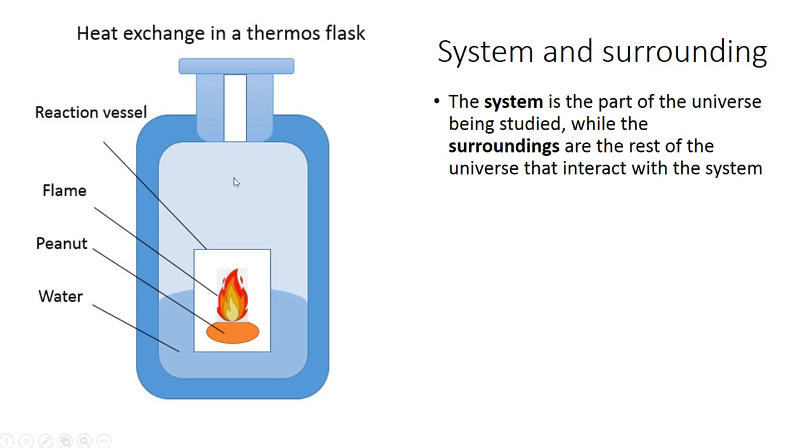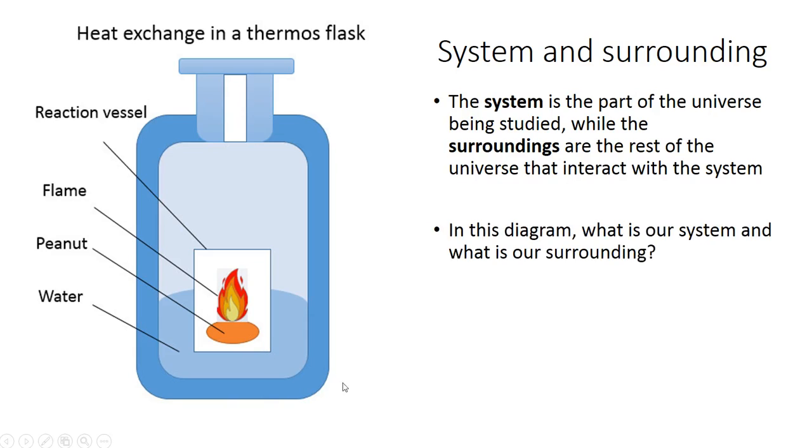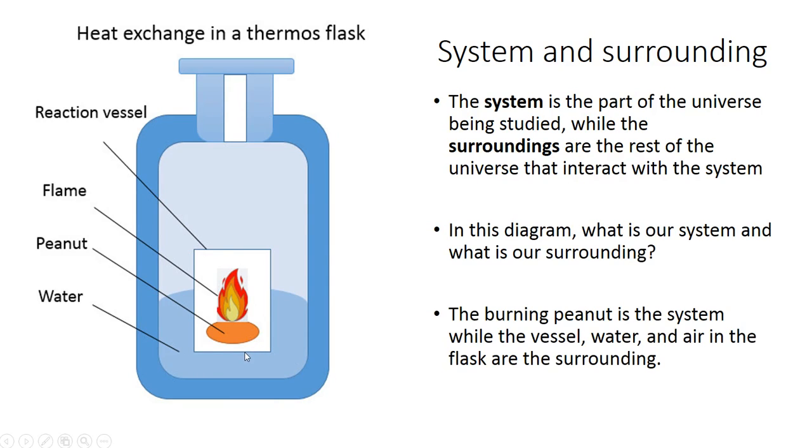So if we look at this diagram, what is our system and what is our surrounding? In this case, the burning peanut is the system, but the vessel and everything in it are the surroundings. So the vessel, water, and air in the flask are the surroundings.